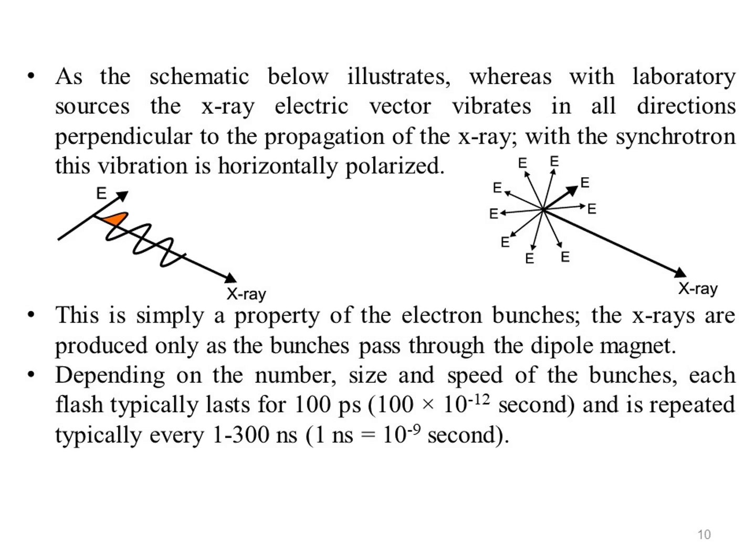Depending on the number, size and speed of the bunches, each flash typically lasts for 100 picoseconds, 100 times 10 to the minus 12 second, and is repeated typically every 1 to 300 nanoseconds. 1 nanosecond is equal to 10 to the minus 9 second. This time structure of the radiation can also be put to use in certain specialized experiments.